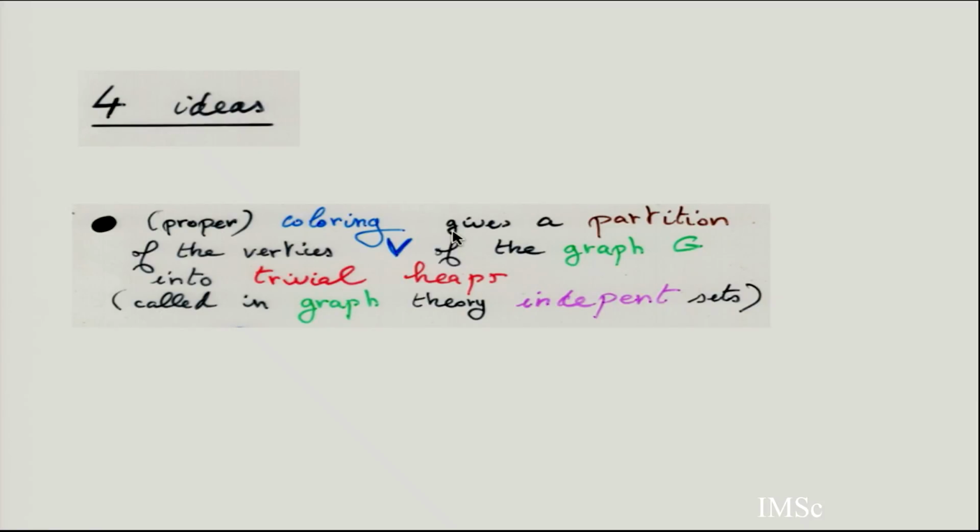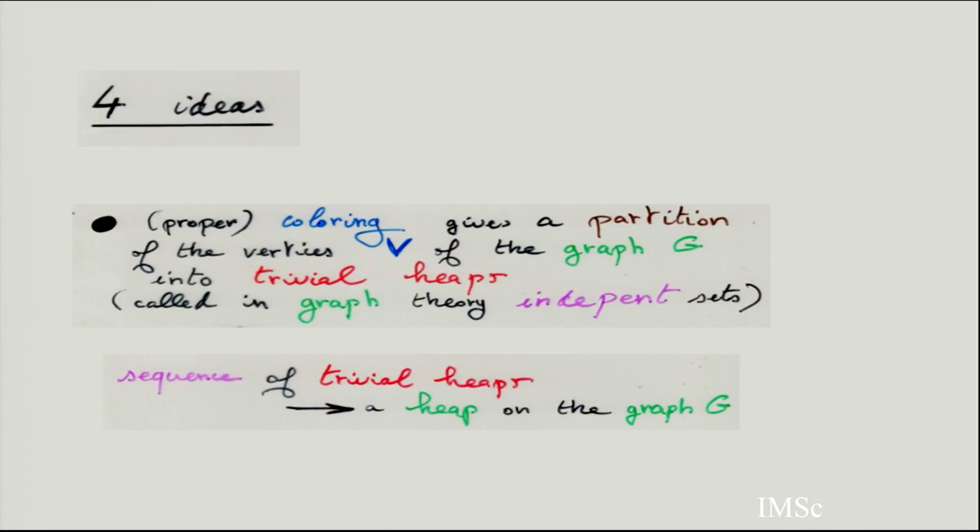And we love this because it's a trivial heap of pieces. Each set of vertices with the same color is a trivial heap of pieces. And we are in a heap theory class, so we should make a heap of this.